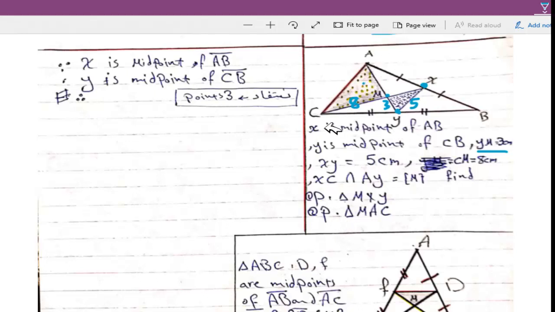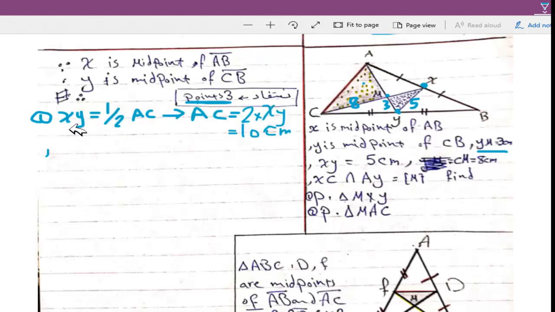Okay, it's too easy, but you have to remember what I will say now. Since X is the midpoint and Y is the midpoint, you have to remember 3 important points. The first one is XY equals half AC.